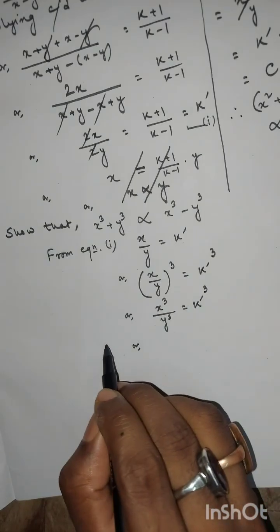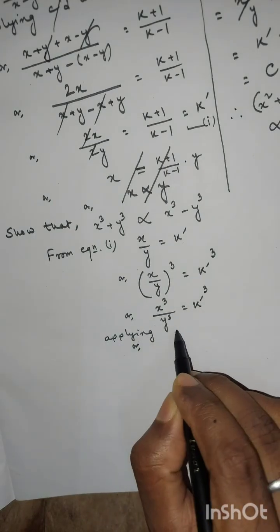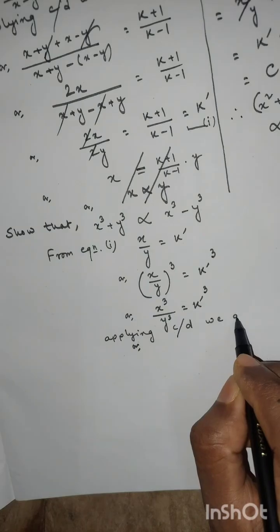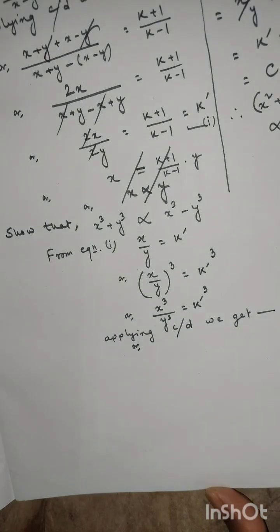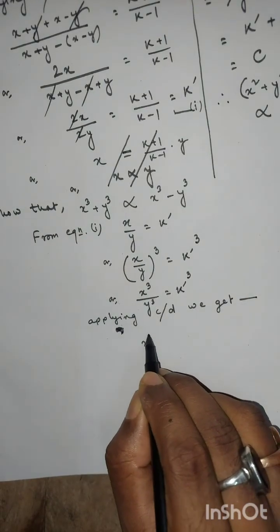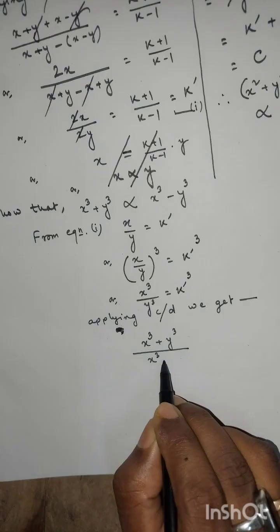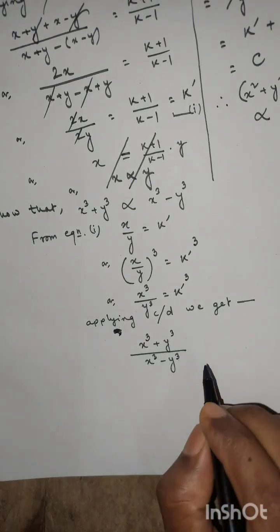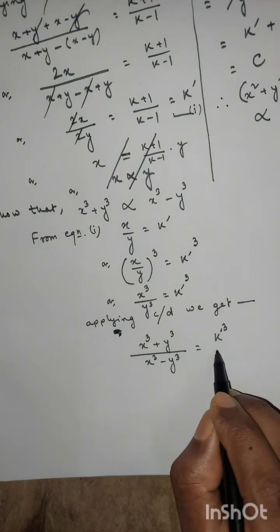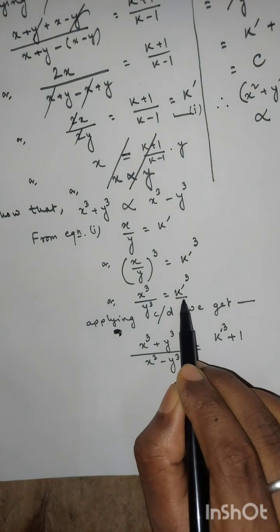Now in this step we can apply componendo dividendo. Applying componendo dividendo, we get x cube plus y cube by x cube minus y cube equal to k dashed cube plus 1, because in the denominator we can assume 1.